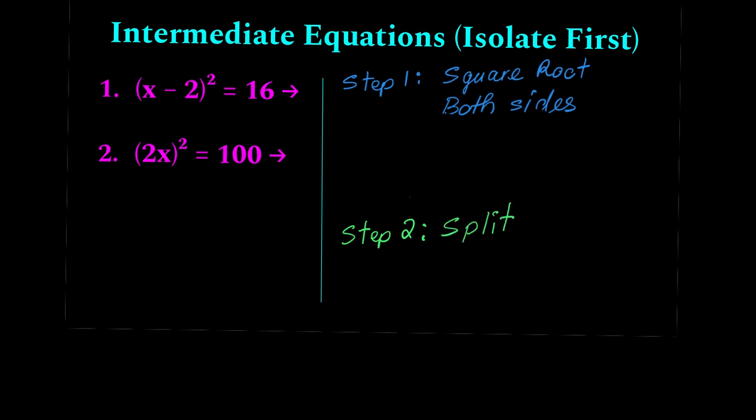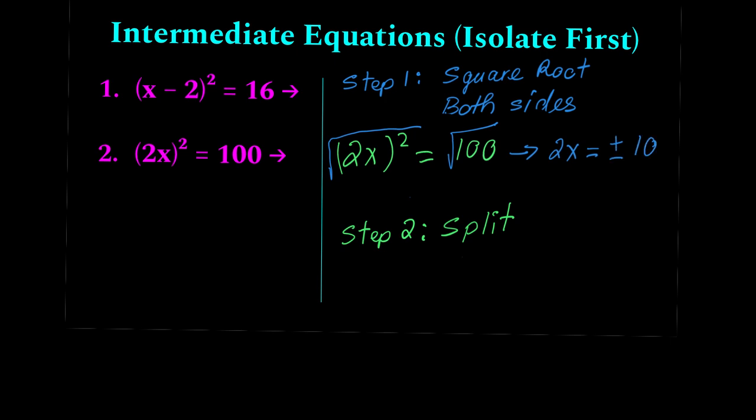Okay, let's tackle our second equation. (2x) squared equals 100. What do we do? We square root both sides. This will give us 2x equals plus or minus 10, because the square root of 100 equals 10.